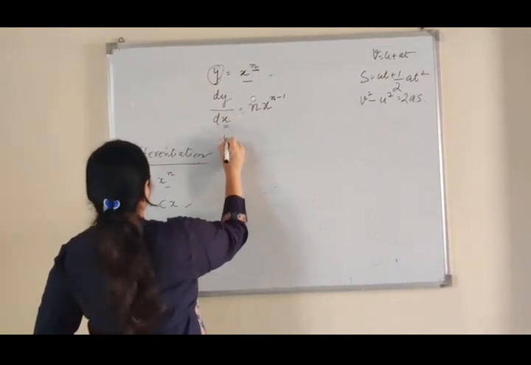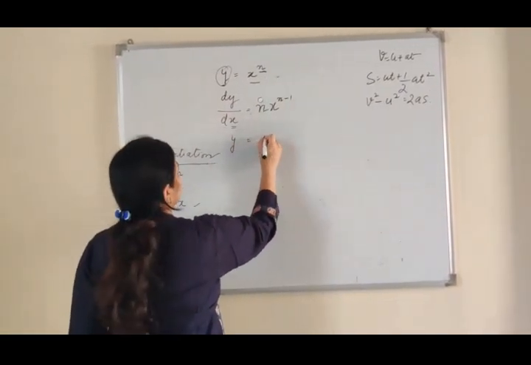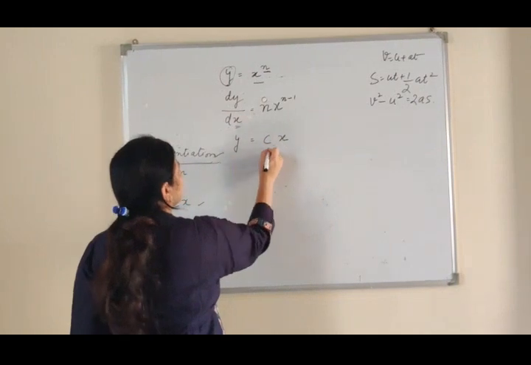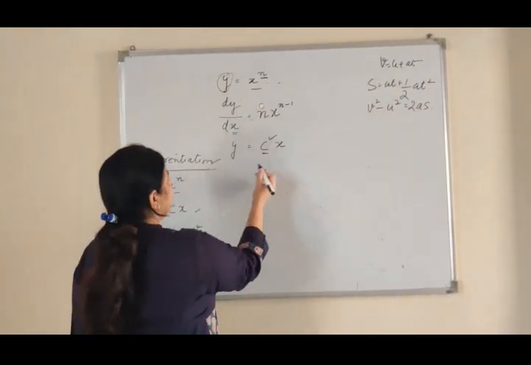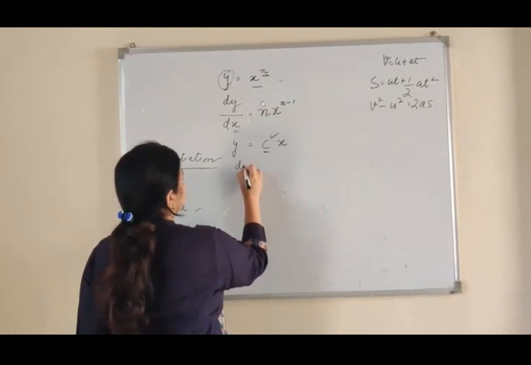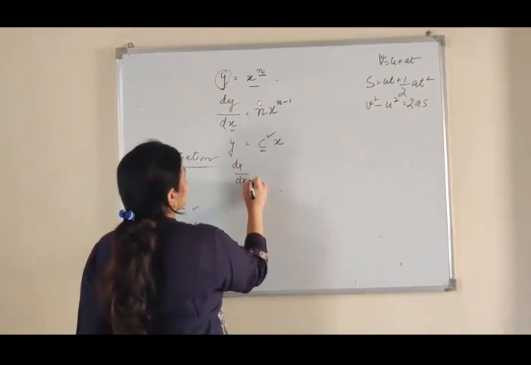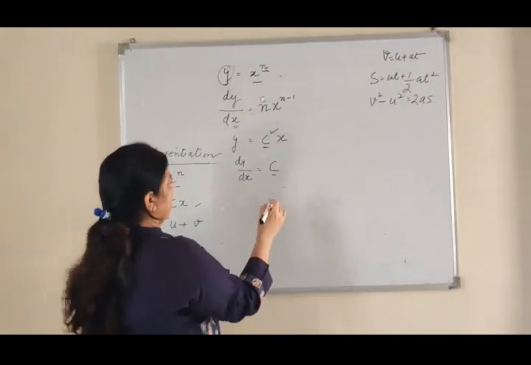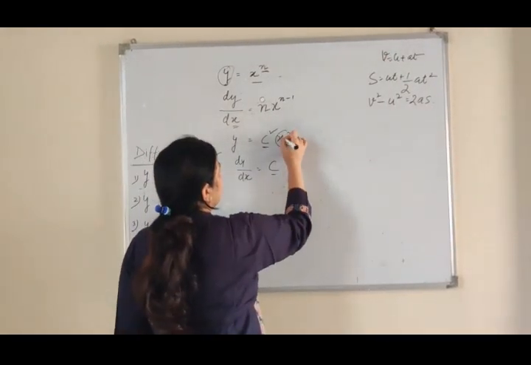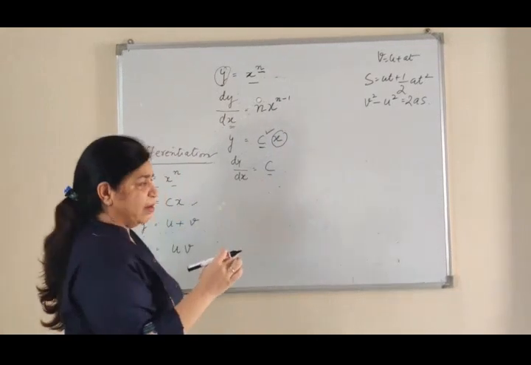Similarly, if you have the second formula, that is y is equal to cx. Here c is a constant. Now if I have to differentiate this term, we will write dy by dx will be equal to c. It is a constant, it will remain as it is. Now it is x, so we can write it as x power 1.